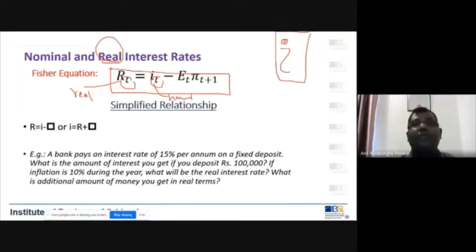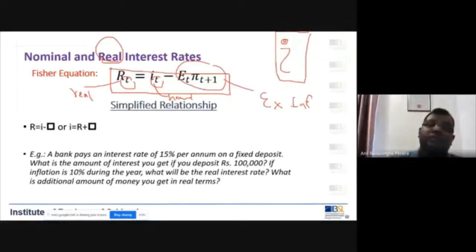E means expectations, and pi means inflation. So broadly we can call it expected inflation. If you deduct inflation from the nominal rate, you calculate the real rate.